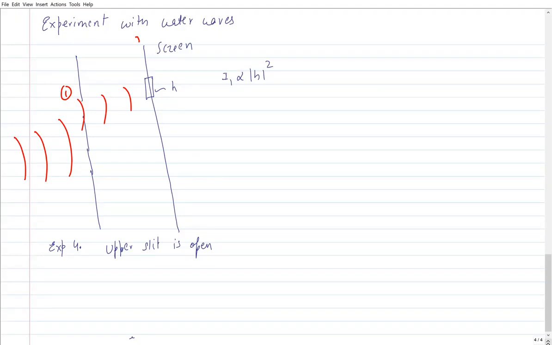So essentially my cork, or any measuring instrument that's measuring the amplitude of this water wave, I calculate the intensity of the wave to be proportional to h squared, where h is the height of the water wave impinging on the screen.